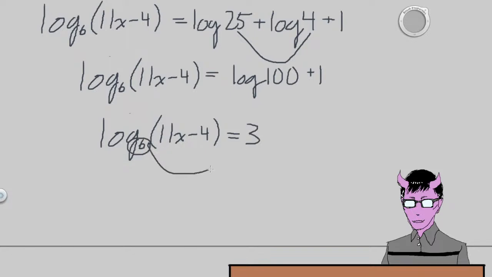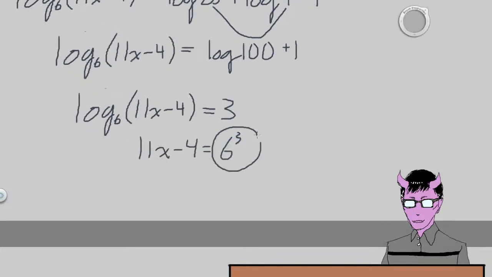So we take this 6, raise it to the power of 3. It should be equal to the argument. What is that nonsense? 6 times 6 is 36. And then 36 times 6 is, what is that? 90, 108, 106?